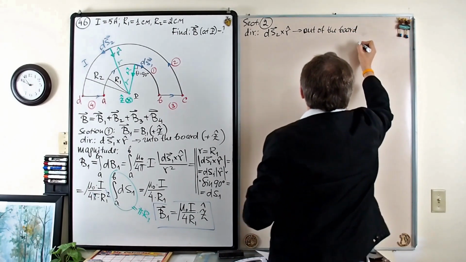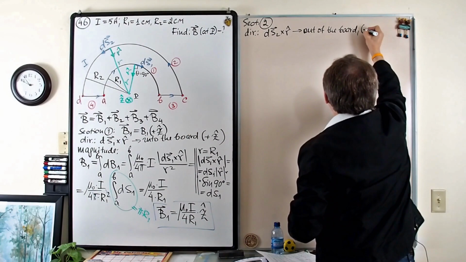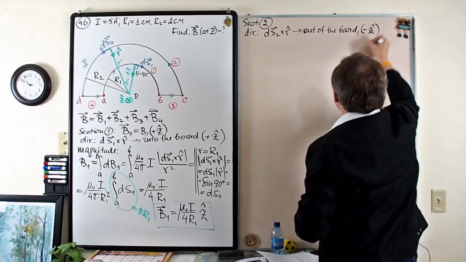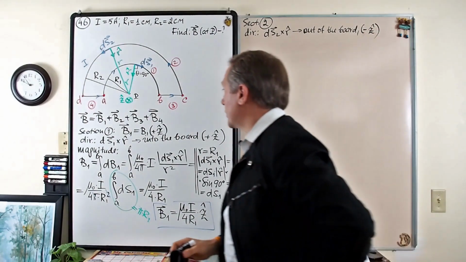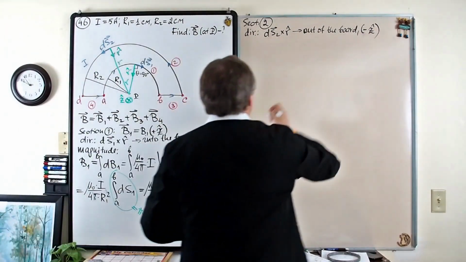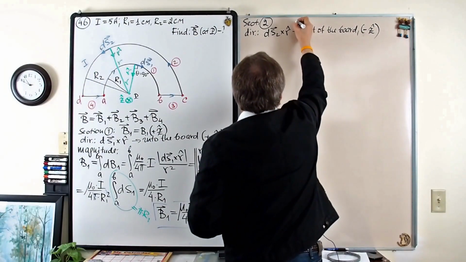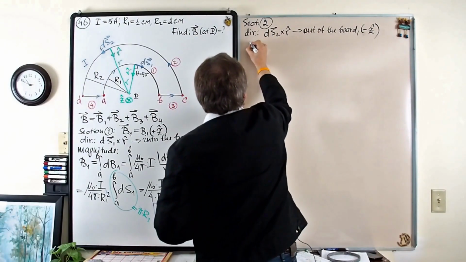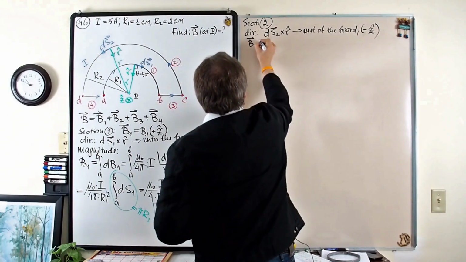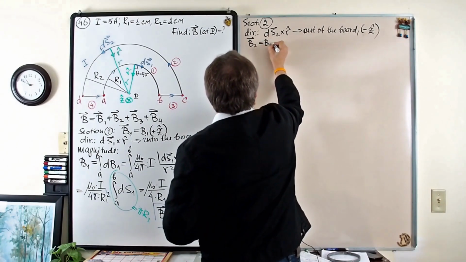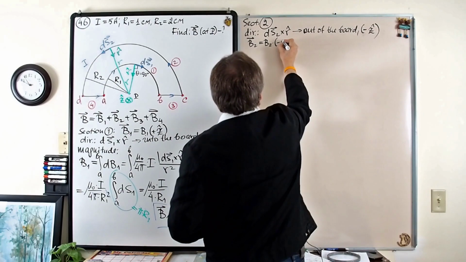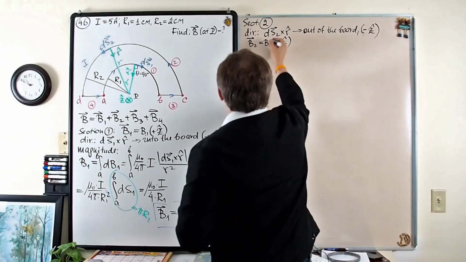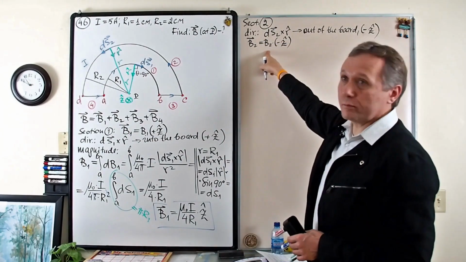Alright, so which is minus z hat direction. Okay, so now we know the direction, and I can write that. Let me write it over here. So B2 vector will be the absolute value of B2 times minus z hat direction. So now we just need to find the B2 absolute value.